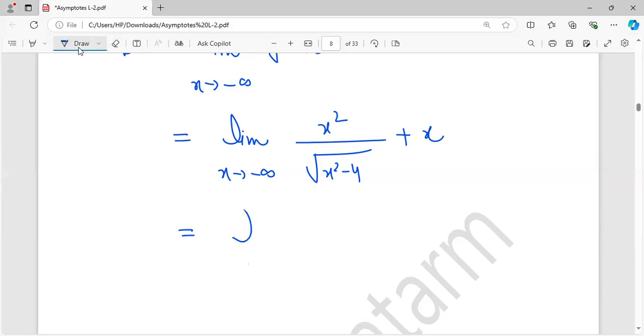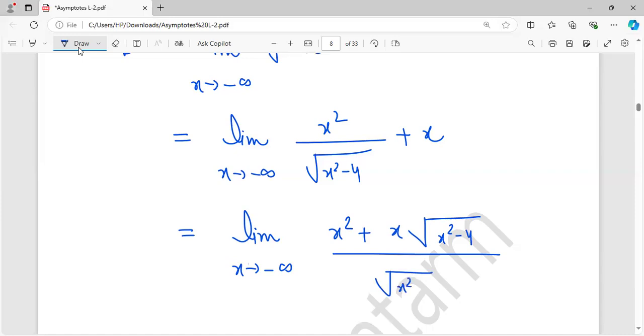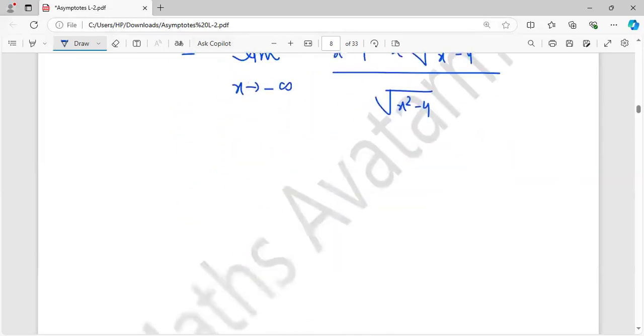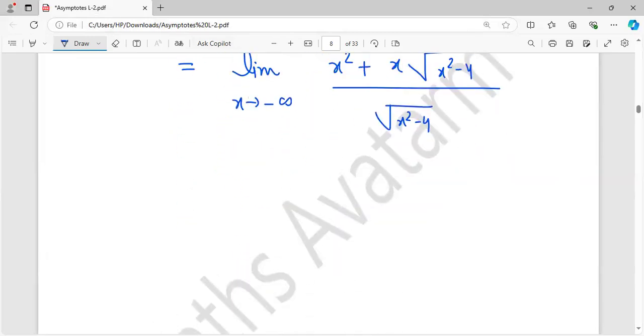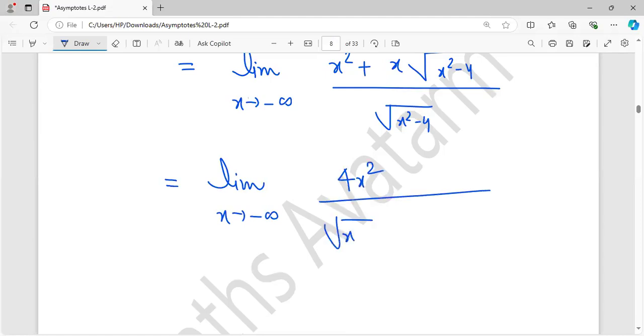Let me solve the limit x tends to minus infinity. So after making conjugate, what you will get? After making conjugate, we will get x square, 4x square, and in the denominator we will get this.